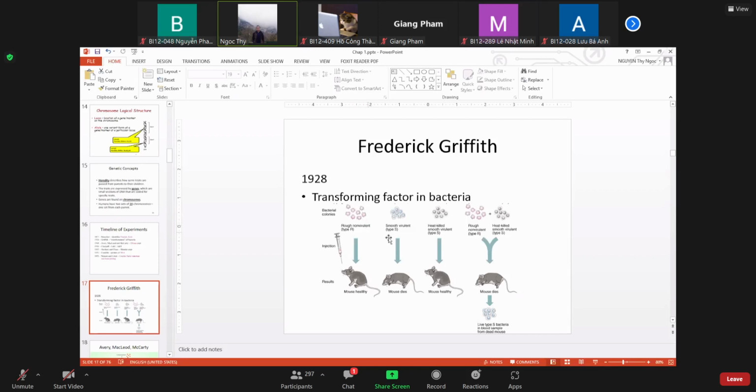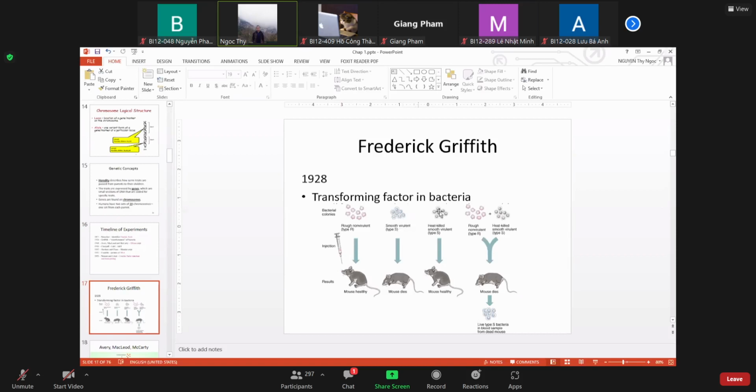When he injected this strain into the mouse, it was still alive. So that means that this type of bacteria is not quite toxic to the mouse.